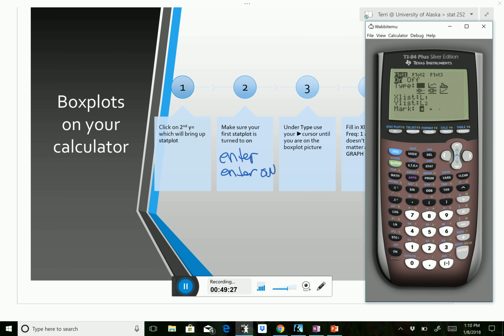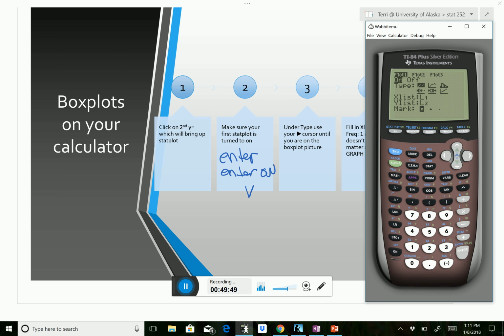Then cursor down to Type. Under Type, use your side cursor until you're on the box plot picture. Either one is fine. This first one will give you outliers as extra dots. This other one will not. It'll put your min and your max just like that.